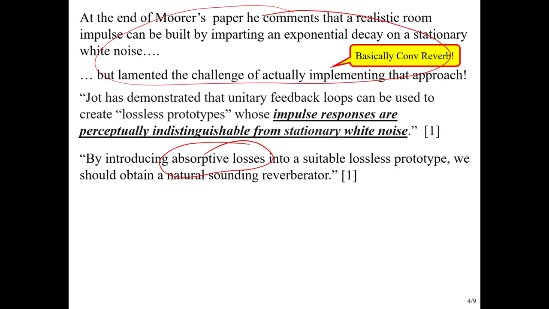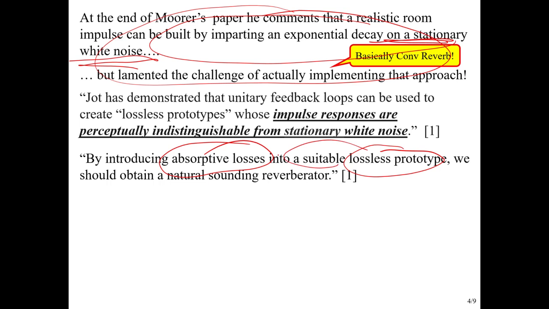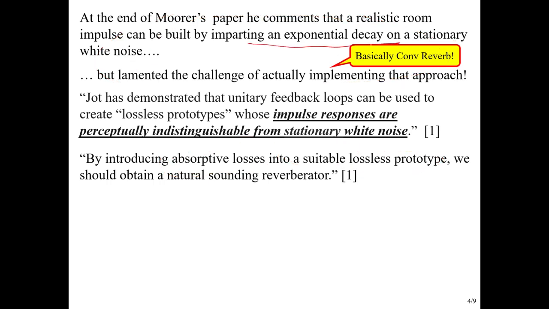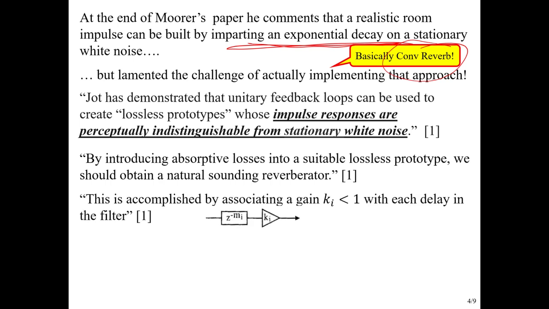And they started with a suitable lossless prototype, stationary white noise, and by putting these absorptive losses in there, they were imparting this exponential decay. But they had a nice way to implement this that was not just creating a white noise, putting an exponential decay on it, and then doing convolution reverb with that. They had this feedback network that they could work with.